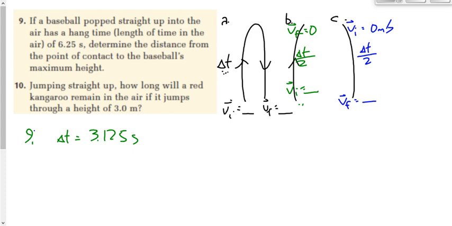The time for the trip up is half of that, and the time for the trip down would be half as well. We know that A would be negative 9.81 for all 3 of those cases. What else do we have in the green one if I'm analyzing just the trip up? VF is 0. It comes to a stop briefly, and then it comes back down, but for the part of the trip that I'm analyzing, VF is 0.